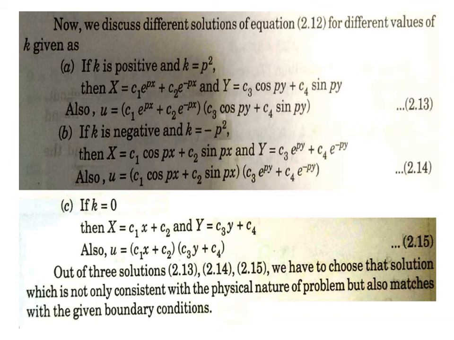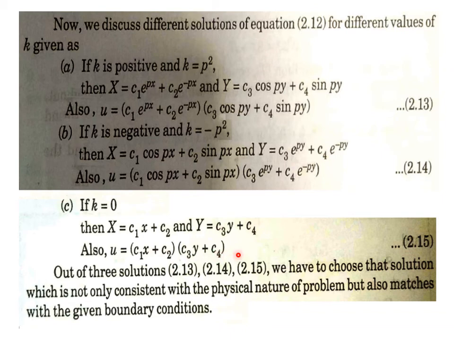What about the two-dimensional Laplace equation? Now you see again solution 2.13. One part of it obviously involves sine and cosine. In 2.14, one part also contains cos and sine, and no part of 2.15 contains sine or cosine.